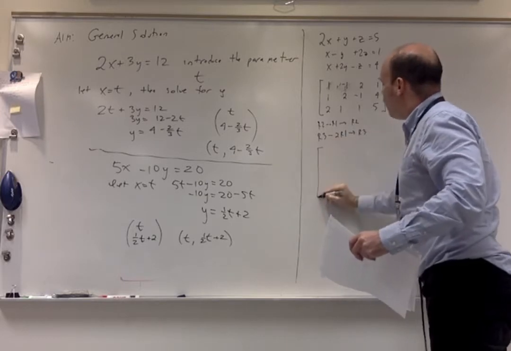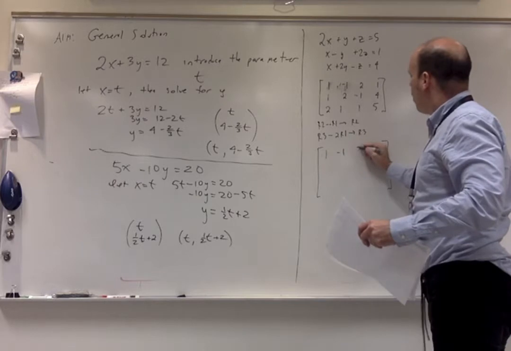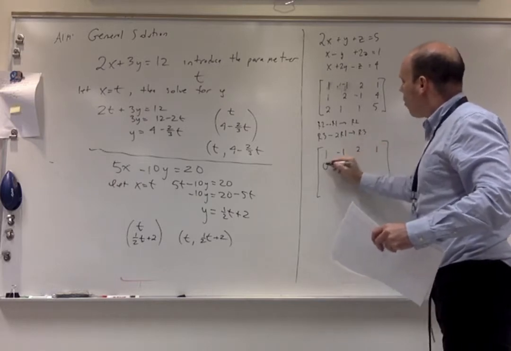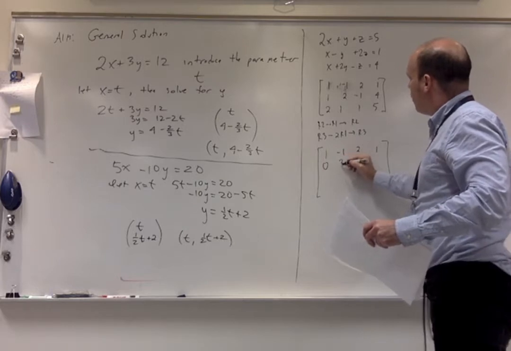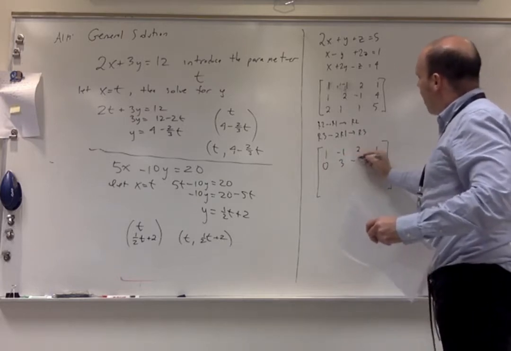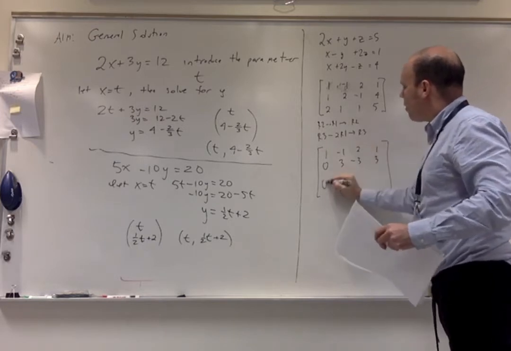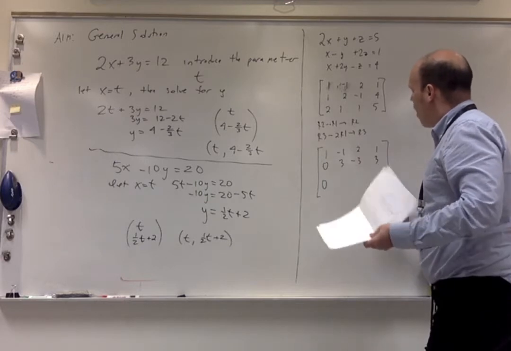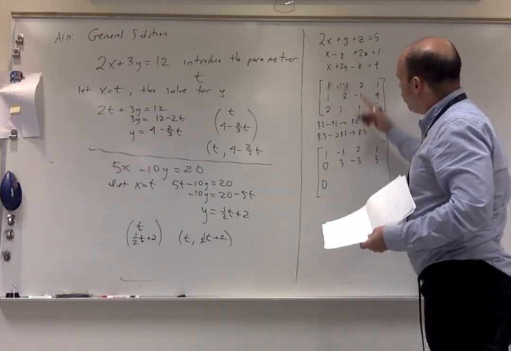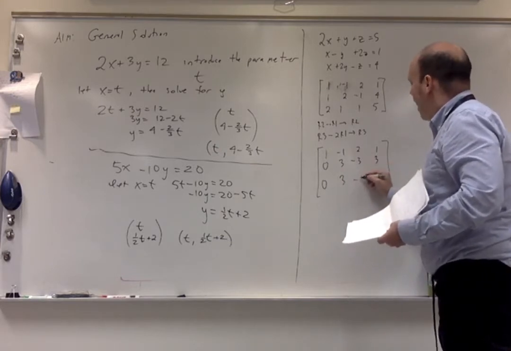Let's see what I end up with. I have 1, negative 1, 2, 1, and then 0, 3, negative 3, 3.